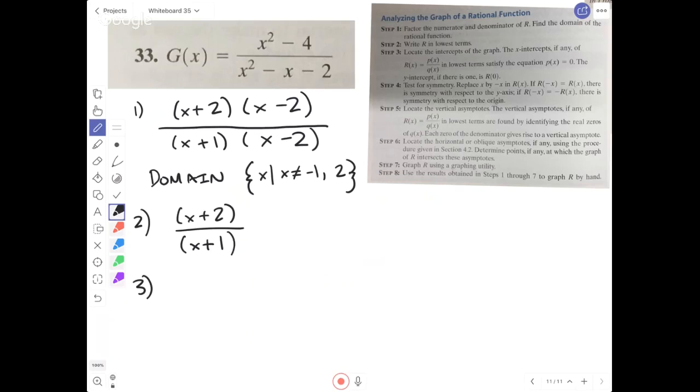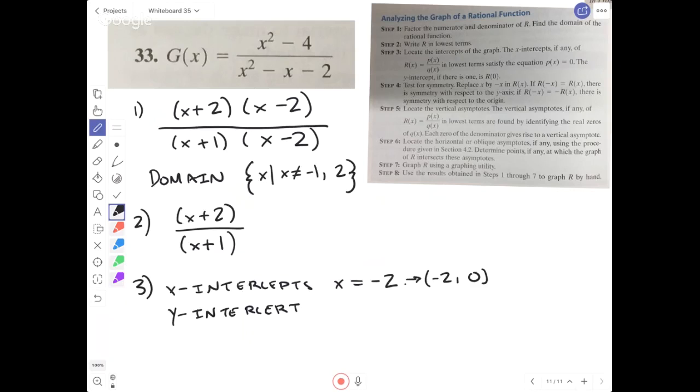Cool. Step 3. Locate the intercepts. So x intercept at x equals -2, because -2 plus 2 is 0. So -2, 0.